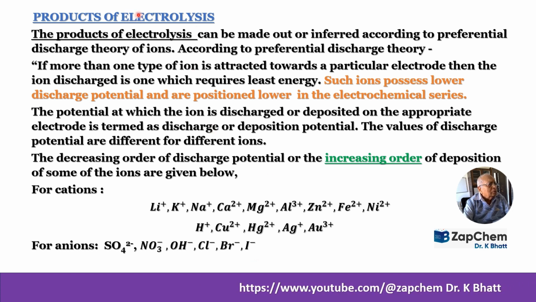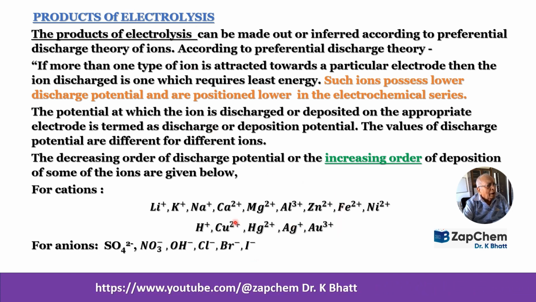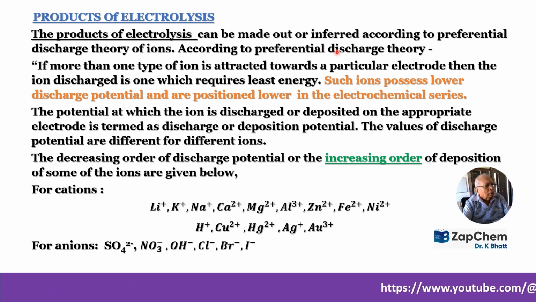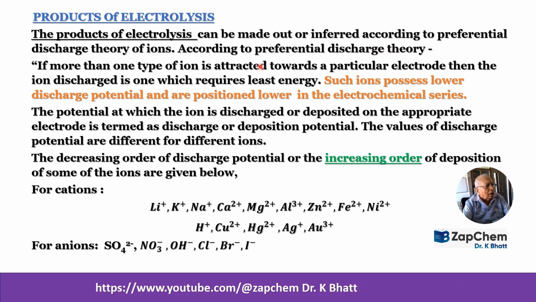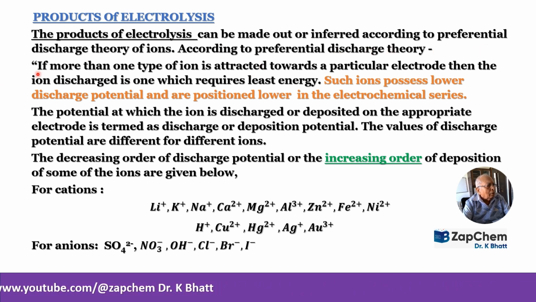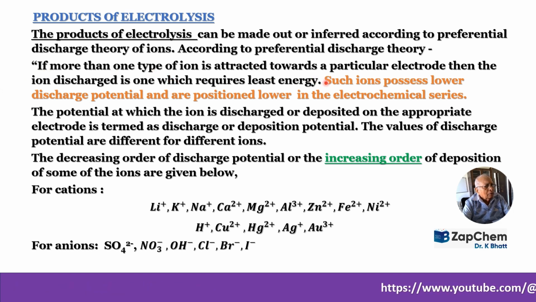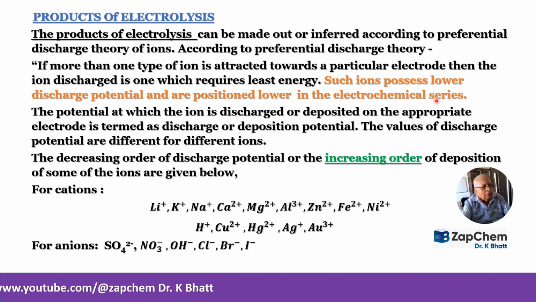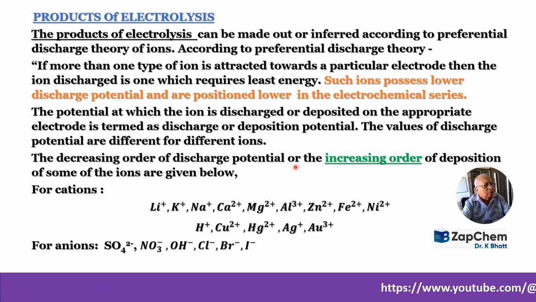Well, this is just a representation and understanding of the making of products of electrolysis, which is inferred according to the preferential discharge theory of ions. And according to the preferential discharge theory, such ions which possess the lowest discharge potential are positioned lower in the electrochemical series. Well, that is there, and we have an idea about the electrochemical series.